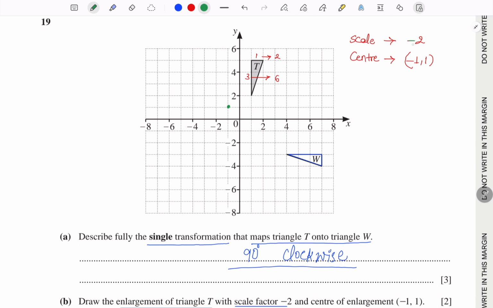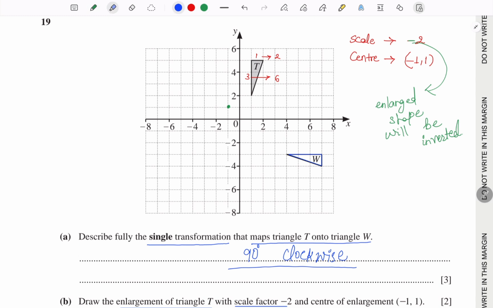This negative sign means that the enlarged triangle, or enlarged shape, will be inverted. So we will be getting an inverted shape. Let's see how we can do this.